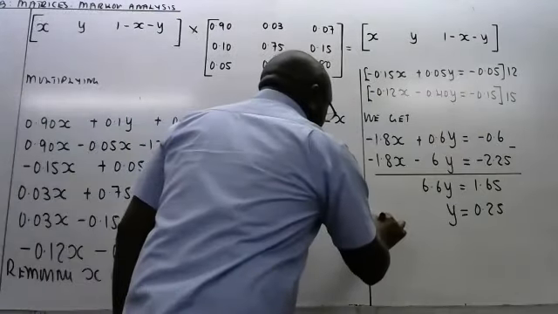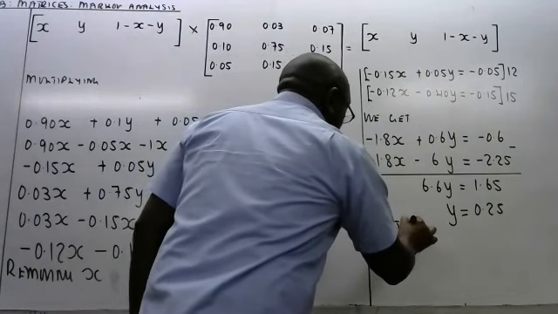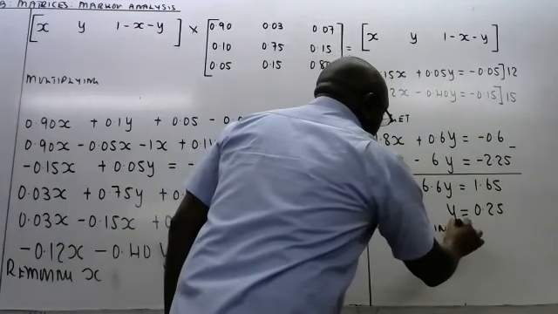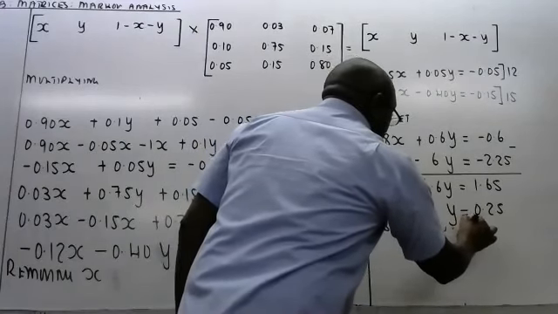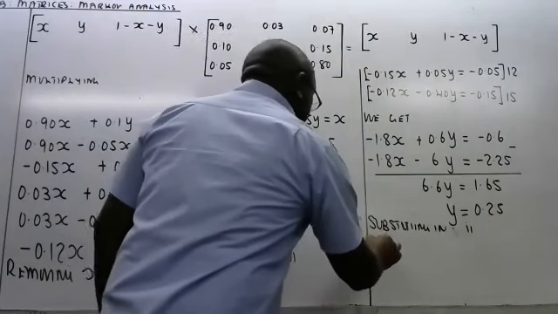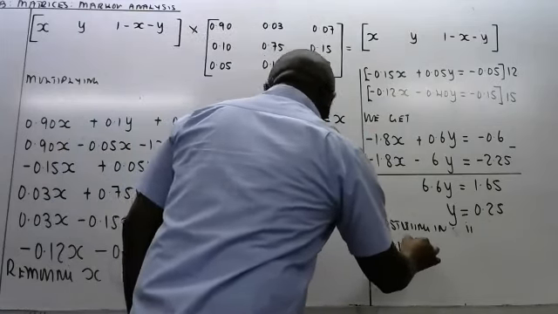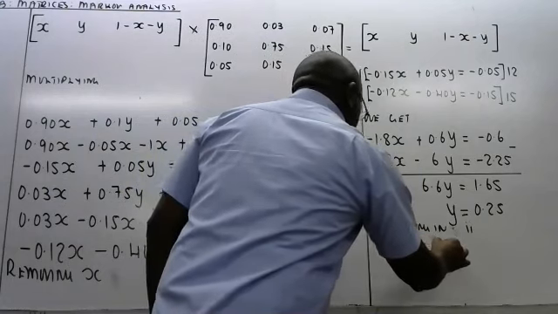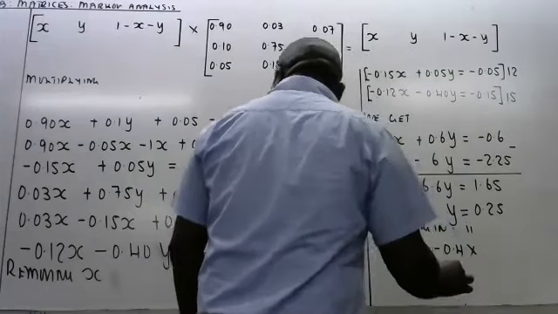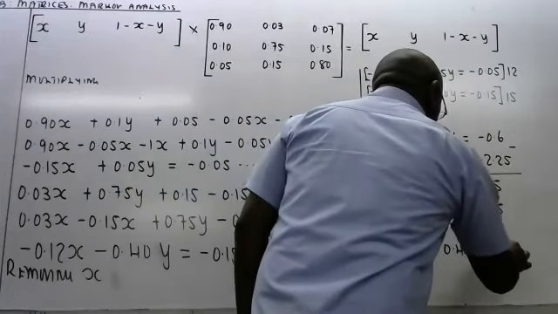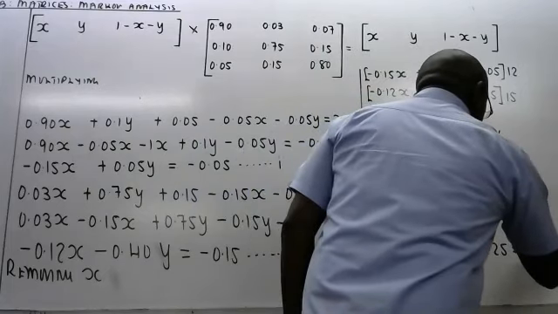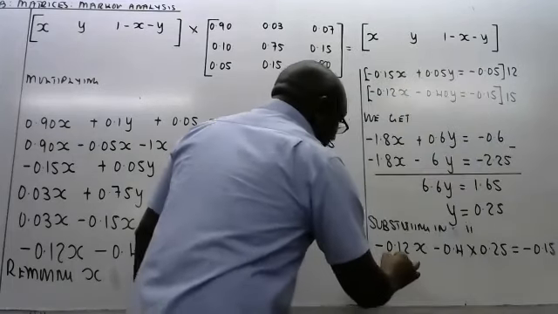Now substituting in 1 or in 2. If I come here where I have 2, I say minus 0.12x minus 0.4 times 0.25 is equal to minus 0.15.